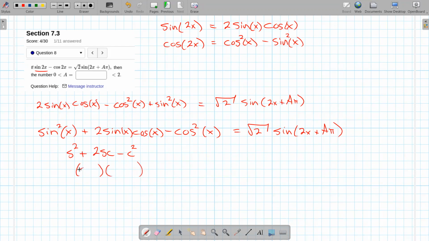It would be s times s, c times c. That's a negative, so these would have to be a plus and a minus. And if you multiply that out, that gives you s squared. The middle terms disappear, minus c squared, which doesn't match that. This is not factorable. This looks like a dead end to me. Dead end.